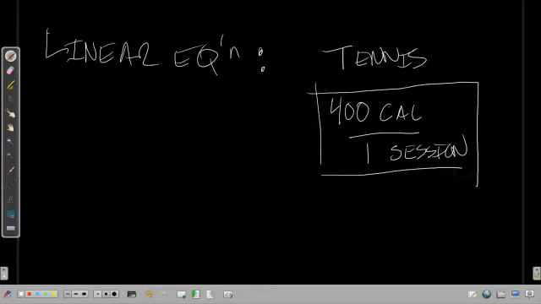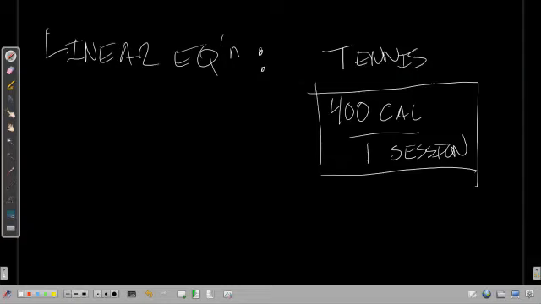This is a rate. Calories per session, miles per hour. It's a rate. Rates are slopes, nothing more. The slope of a line, the rate of something, a rate is a slope.